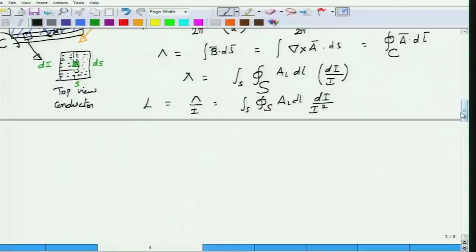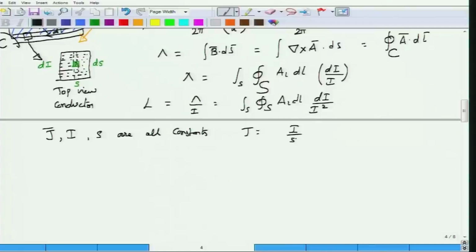However, this expression can be simplified slightly if you assume that the current density J, the current I, as well as the cross section are all constants. J of course is the one that is coming out of this particular conductor, and J is given by I by S. The current density is given by I by S. Therefore, dI, the fractional current that is carried by the element of cross section dS, will be I by S, the current density, times the cross section dS.